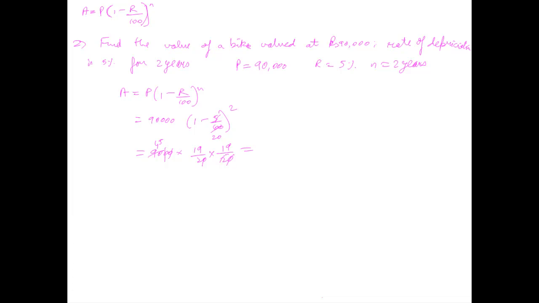I have to multiply and divide by 2. That's 45 times 19 times 19 to give you 16,245 divided by 2, which gives you, children, rupees 8,122 rupees 50 paise. That's the value of the bike at the end of 2 years.